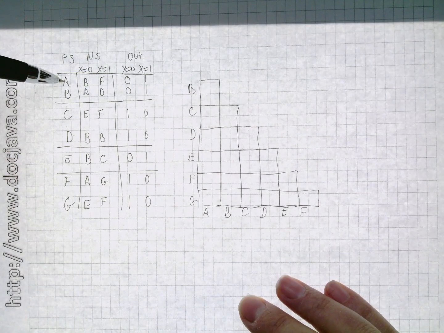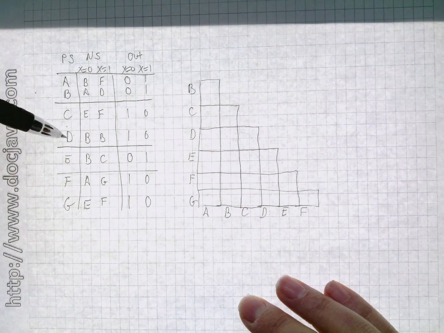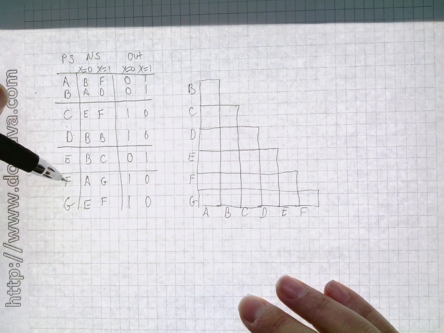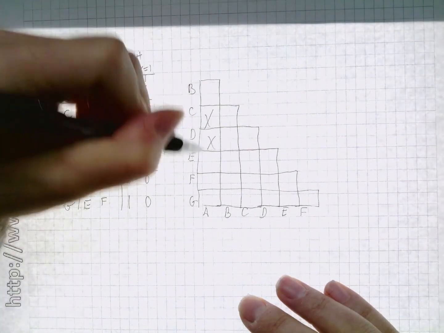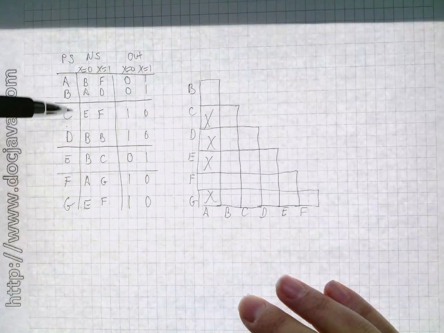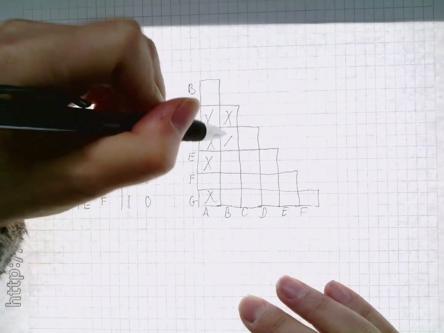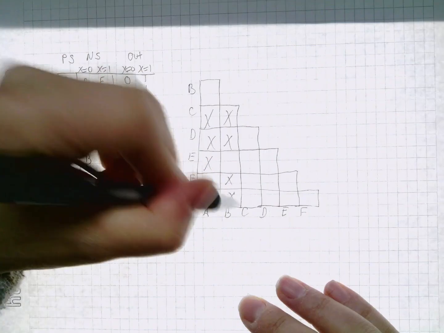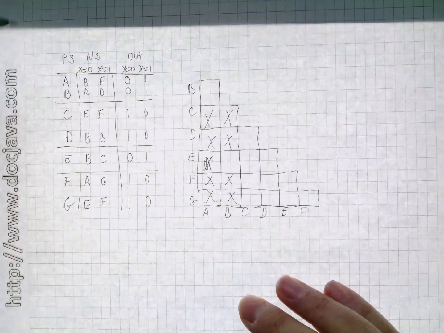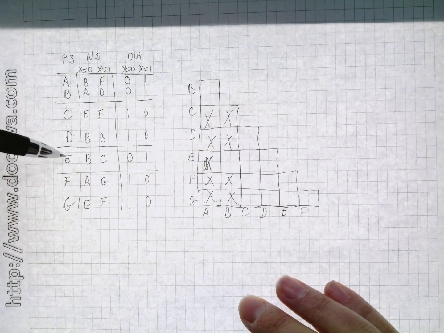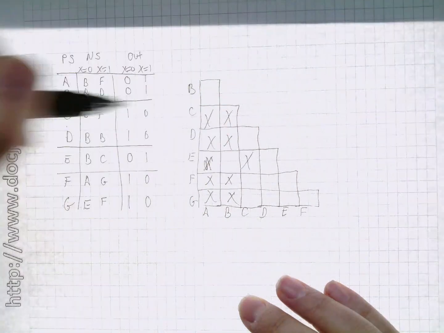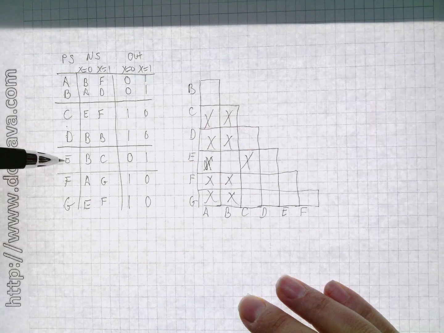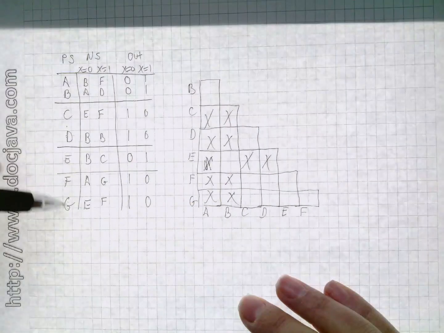So A is different from C, D, F, and G. B is different from C, D, F, and G. Then we have C is different from E, but it might be equivalent to F and G. D is different from E. F and G might be the same.